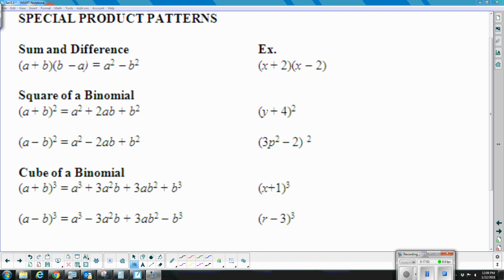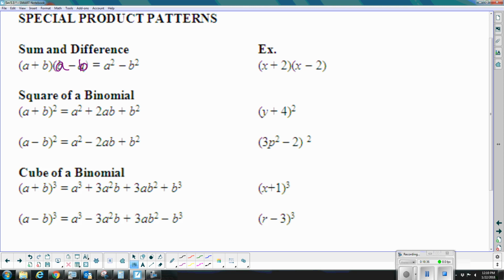We have a few special product patterns, and these will come up especially when you're factoring. These are going to be super helpful. The first is the sum and difference: a plus b times a minus b.